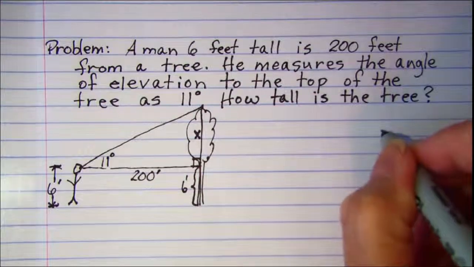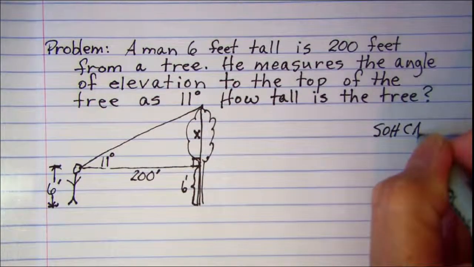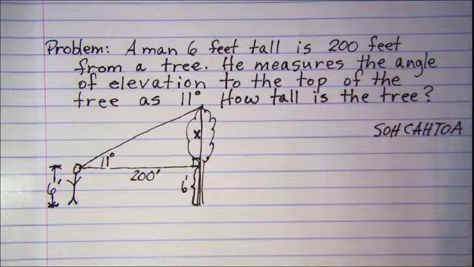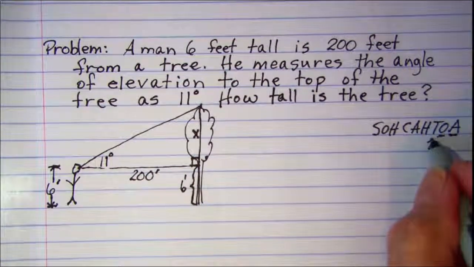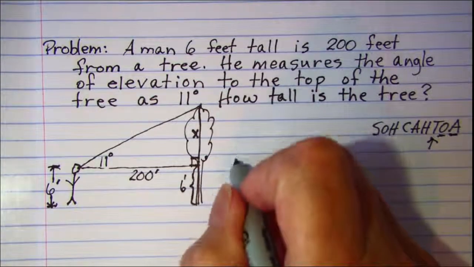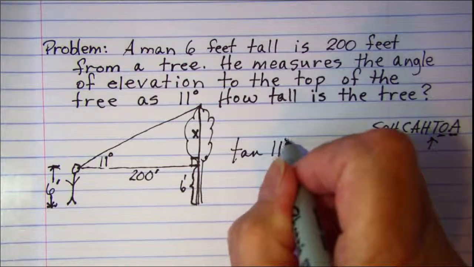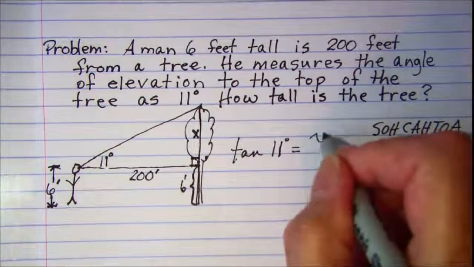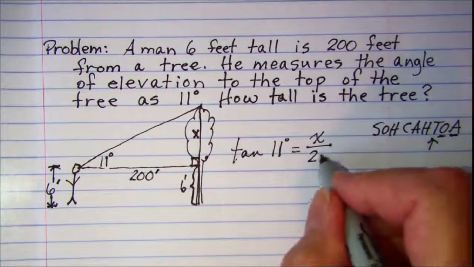Let's use our mnemonic, TOA. Opposite and adjacent requires that we use the tangent function. So the tangent of 11 degrees is equal to the opposite side, which is x, over the adjacent side, which is 200.